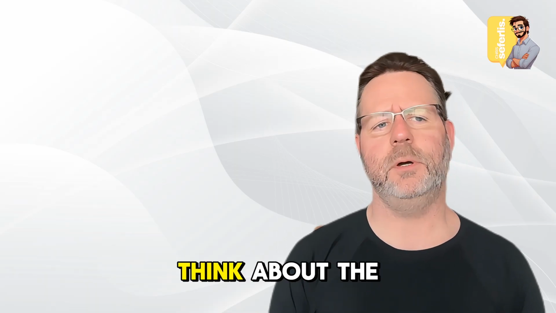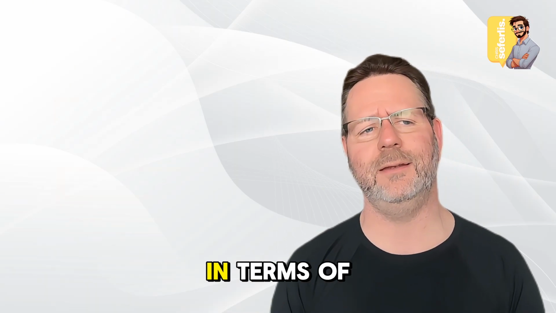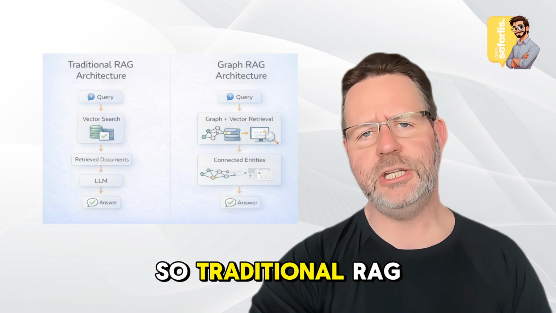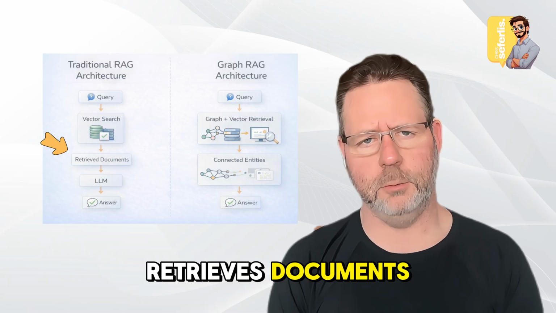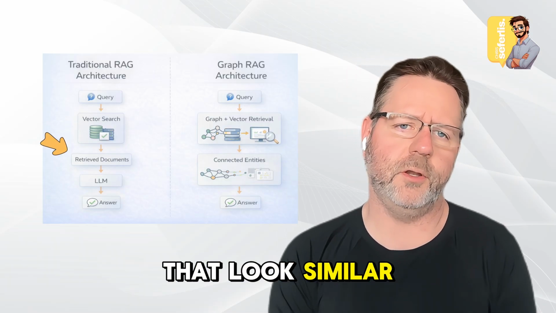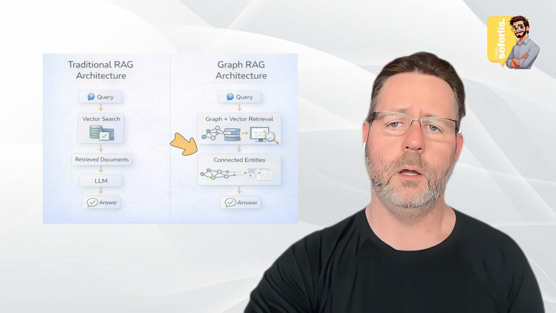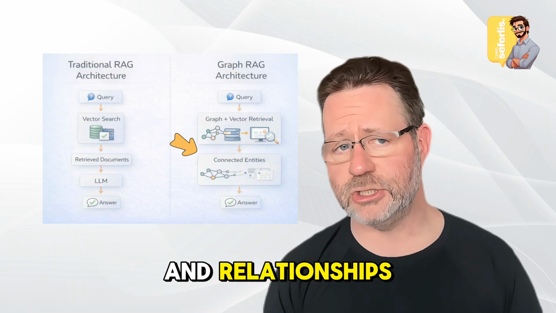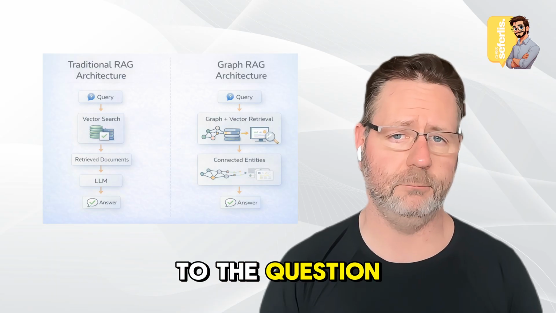It helps to think about the difference between these approaches in terms of what they retrieve. So traditional RAG retrieves documents that look similar to the question we're asking. GraphRAG retrieves entities and relationships that are relevant to the question.